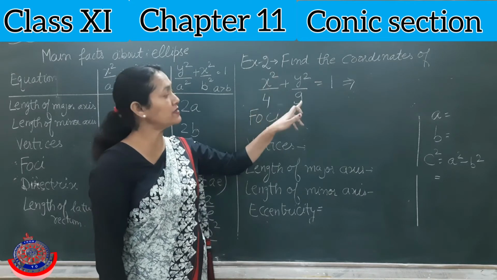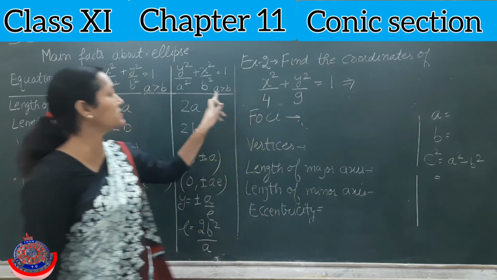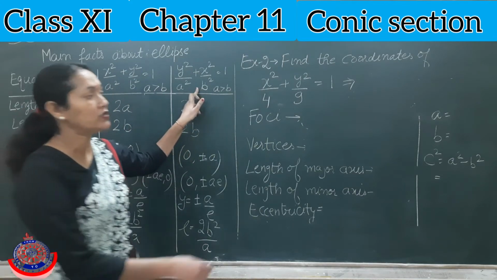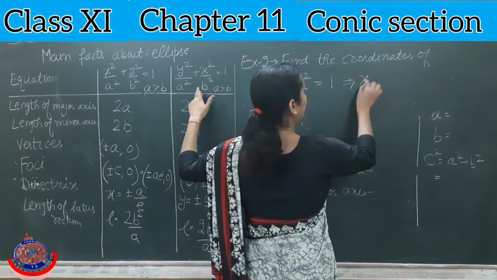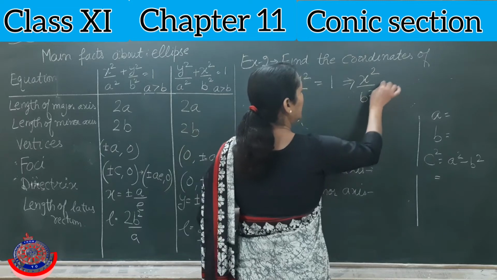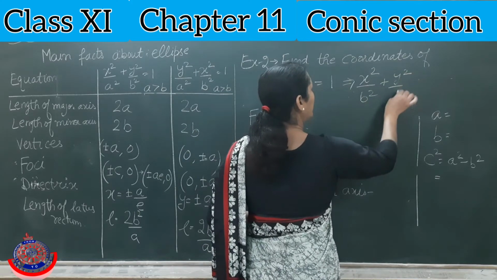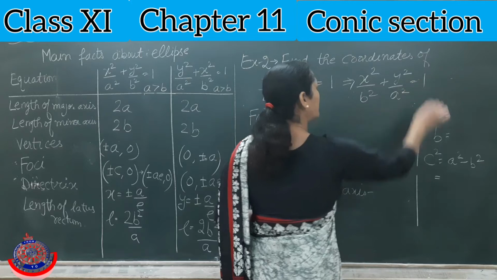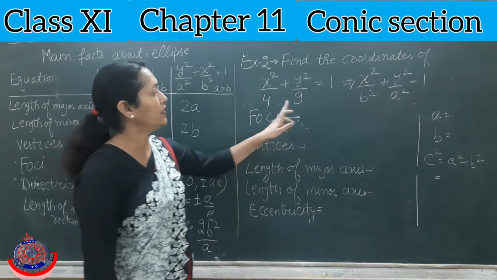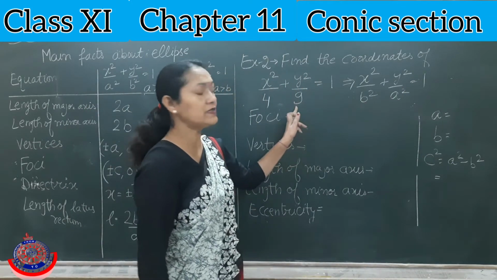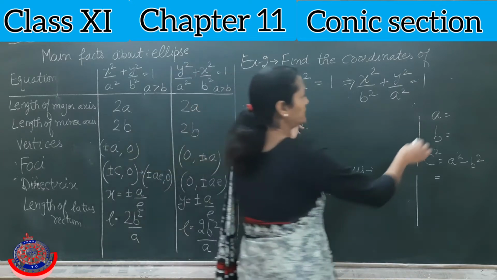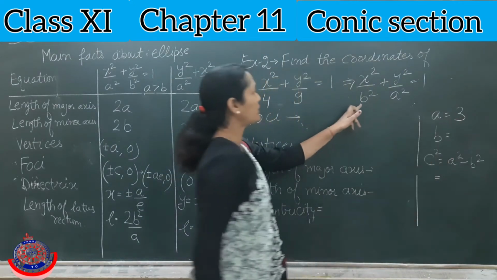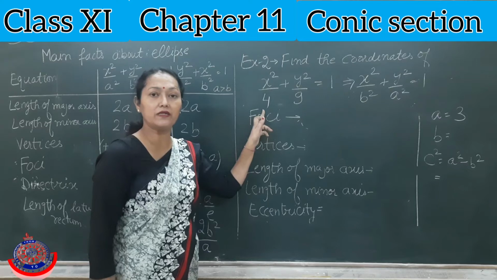That means a is under y. That means this equation is there. So we have to compare our equation with x square upon b square plus y square upon a square is equal to 1. A square equals to 9 means a is 3. B square is equal to 4 means b is 2.